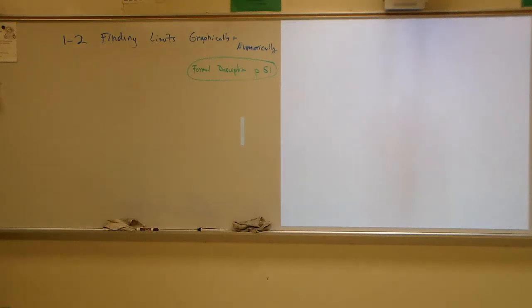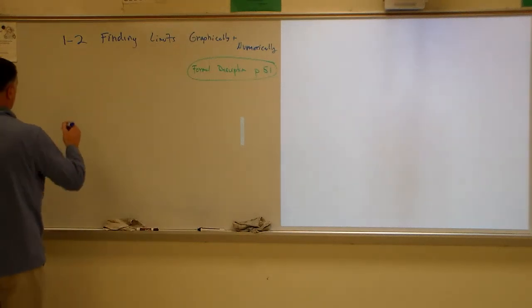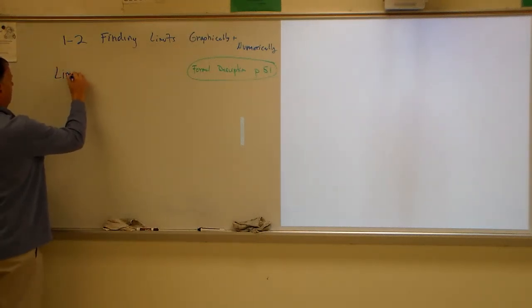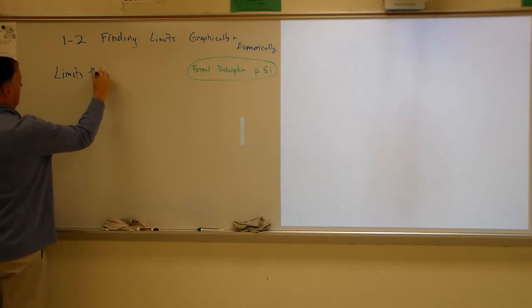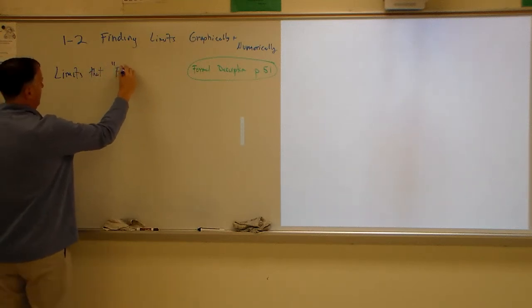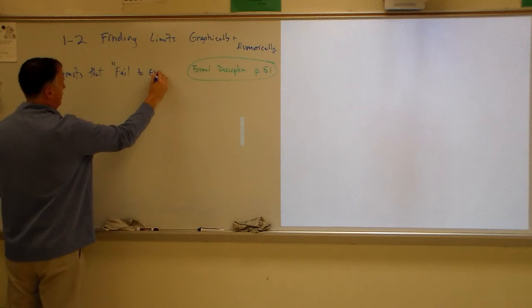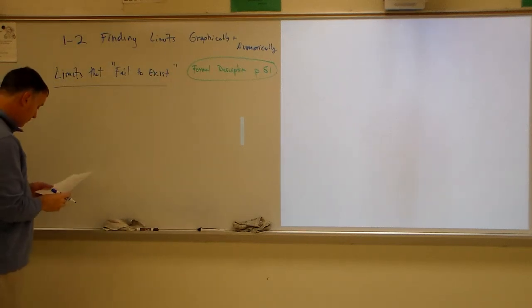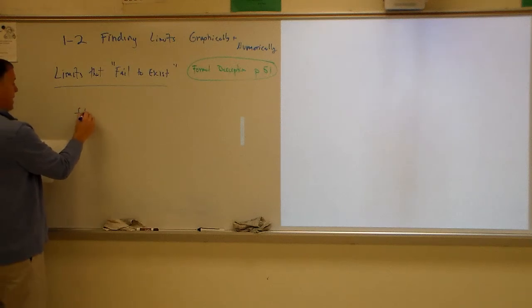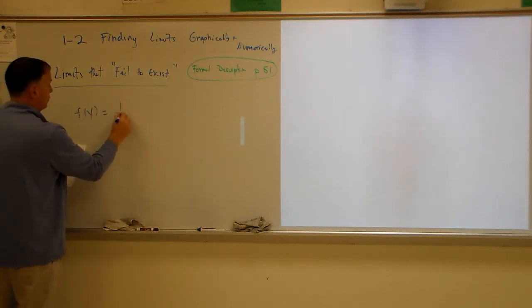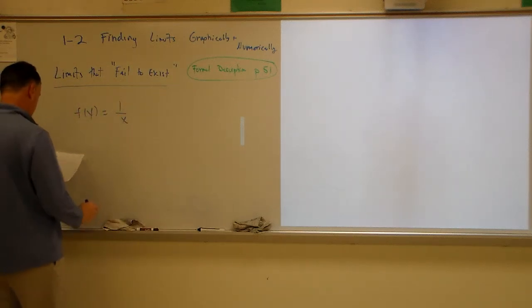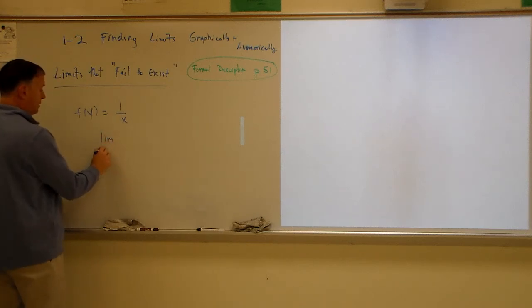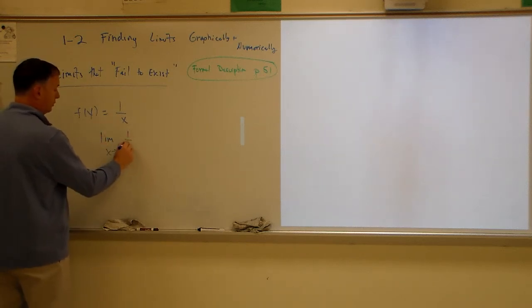So now we're going to talk about limits that fail to exist, at least for now. Limits that fail to exist. Okay? I had f of x equals 1 over x. So here, the limit as x approaches 2, guess what?